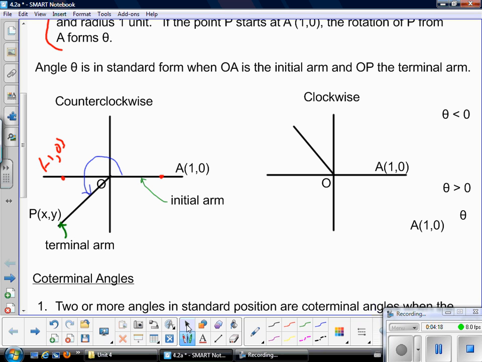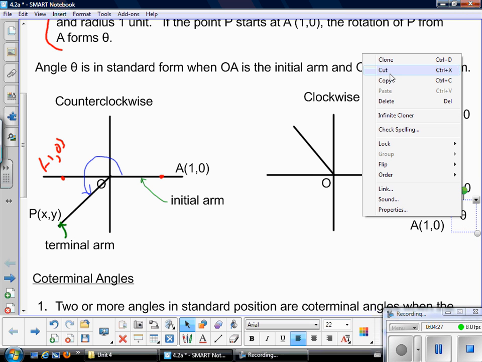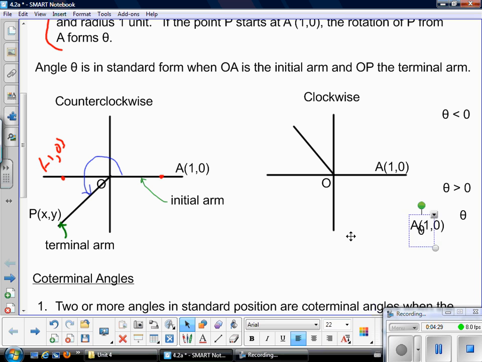Okay, so theta is located from the initial arm and stops at the terminal arm. And where's our theta? We'll clone our theta. So this is theta. Okay, now when we go counterclockwise from our initial arm to our terminal arm, we say that theta is positive. So in other words, theta is greater than 0.